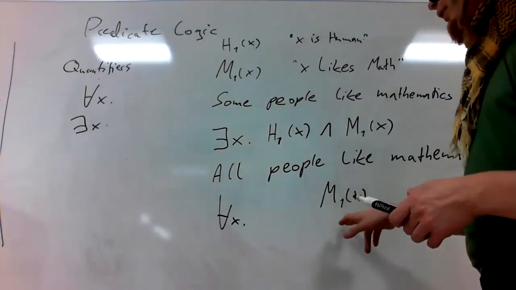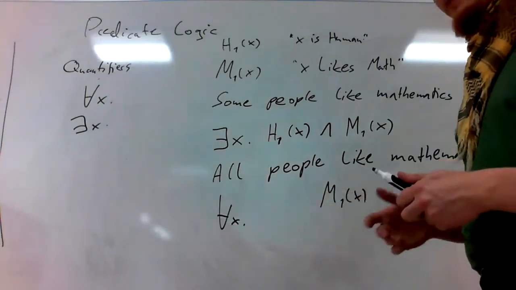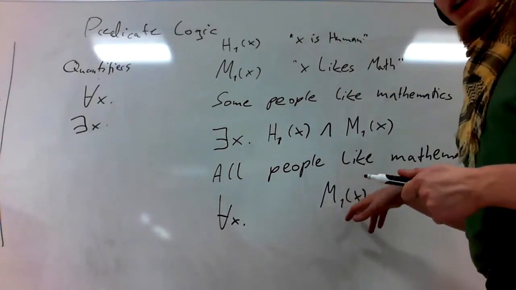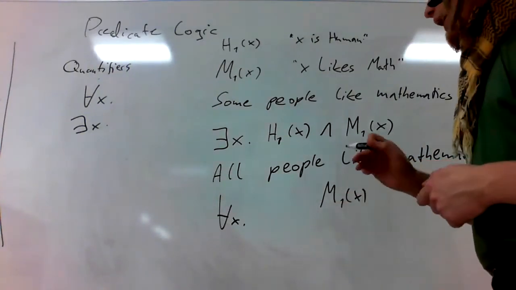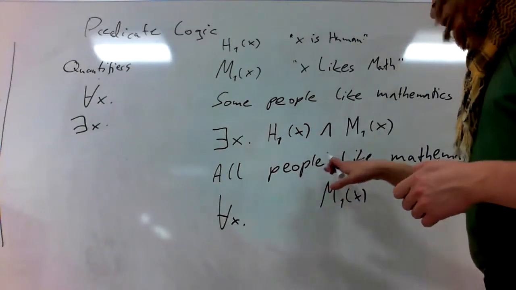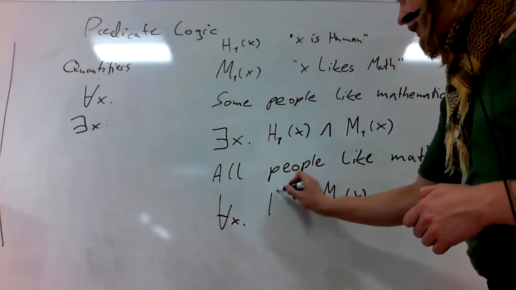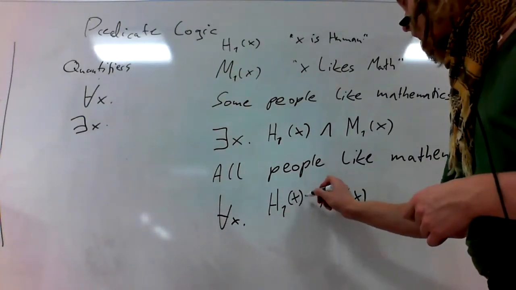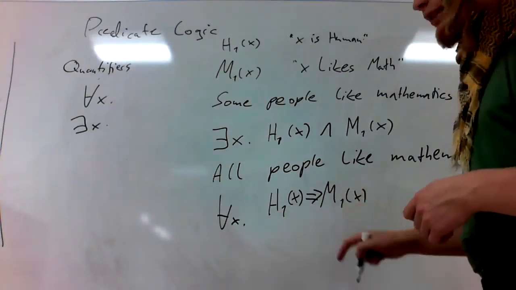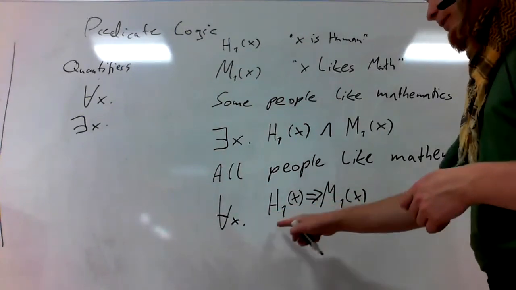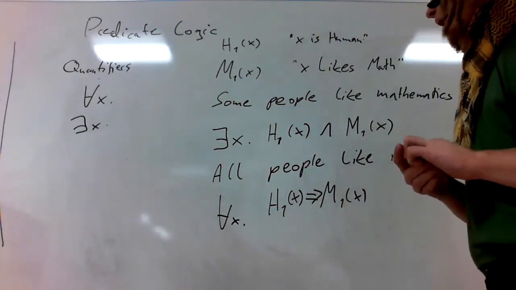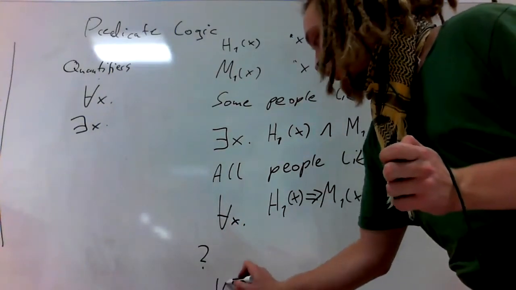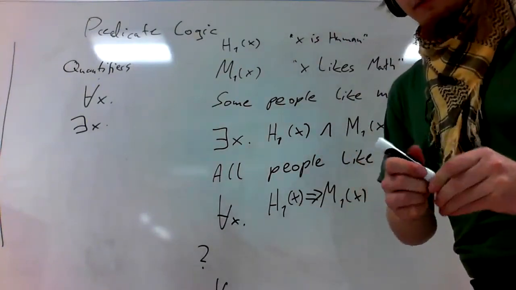So all like maths. But that literally means that every object in our universe likes maths. And now we have to make sure that we're only talking about people, so only if that object is a person, then it likes maths. So we're having this implication here in the for all. So question, what would the, oh, this is too deep.